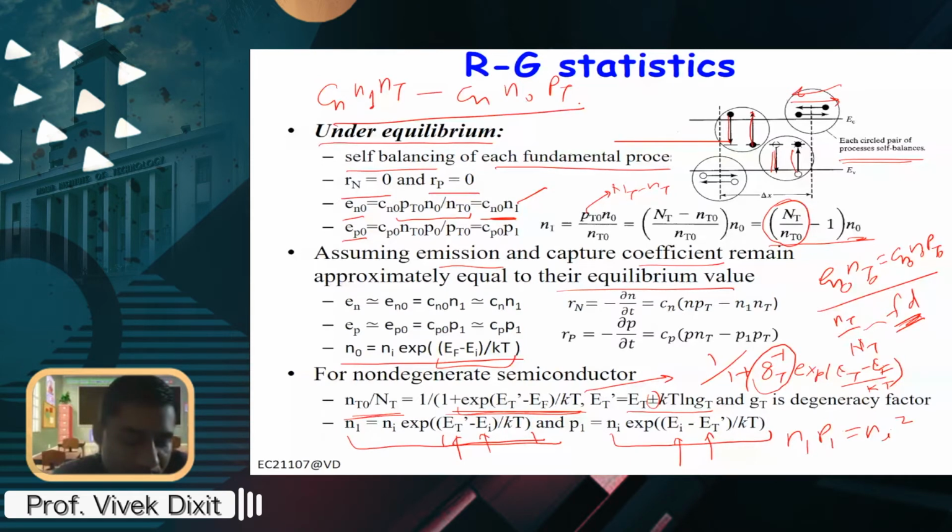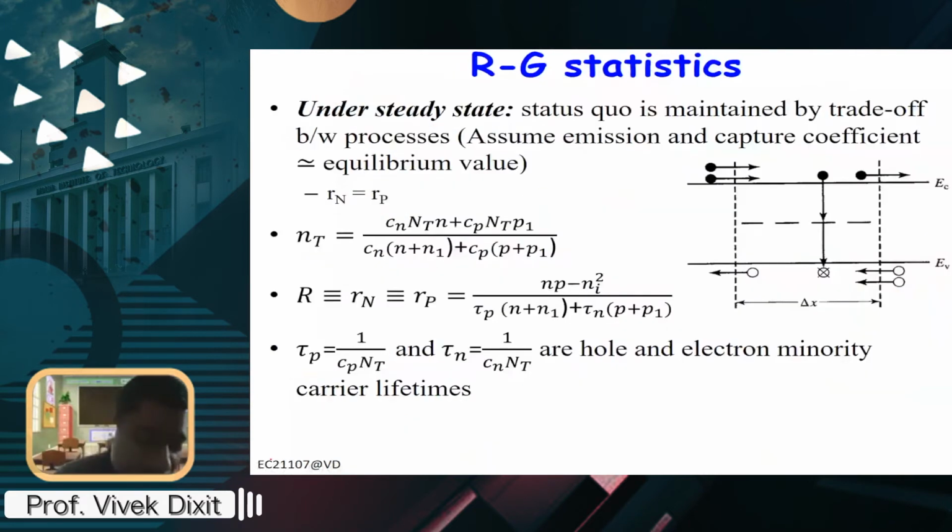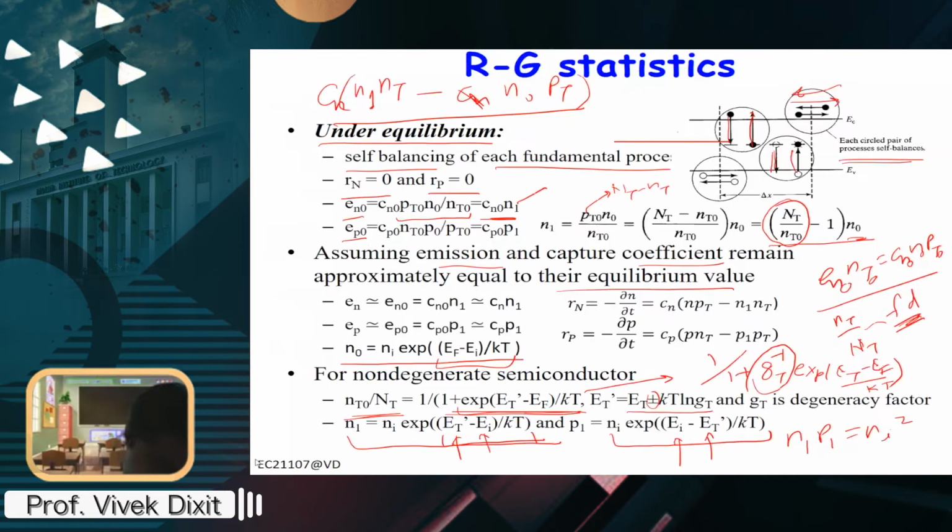So now Cn is same, so you can take Cn outside. You have N1 Nt minus N naught Pt, right? So when you solve it, so this is the equilibrium, right? From equilibrium we have calculated the coefficient, right? Basically what we have done, we have eliminated this emission coefficient. We have got emission coefficient in terms of capture coefficient only, and capture coefficient is sigma V thermal, right?